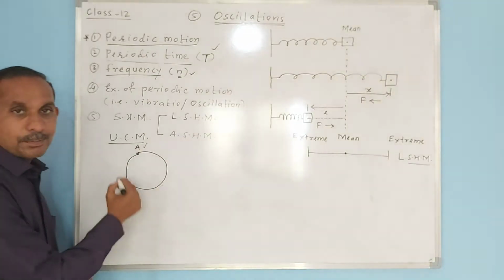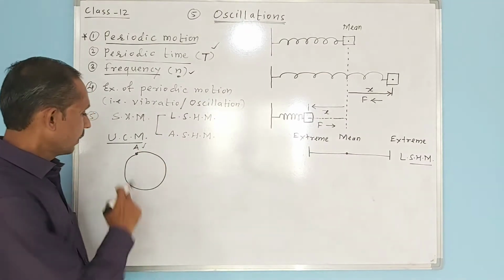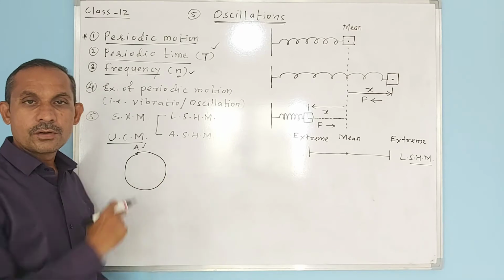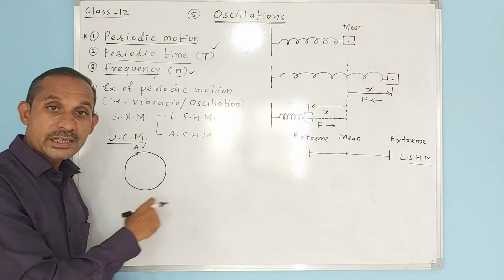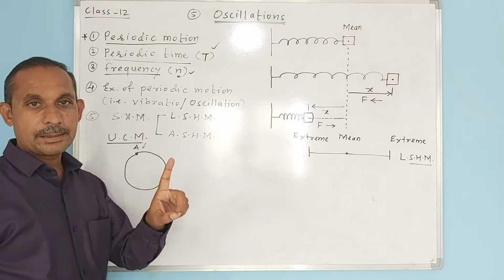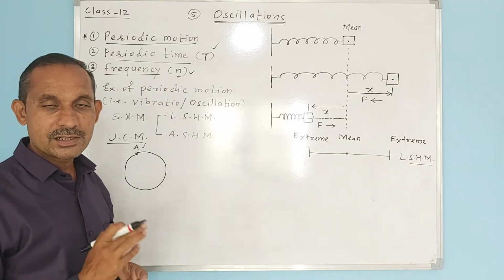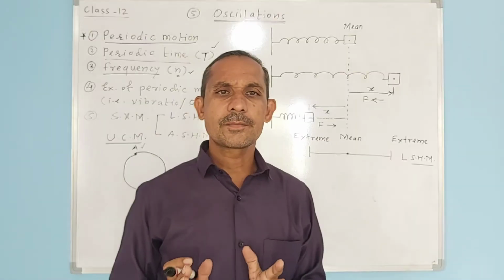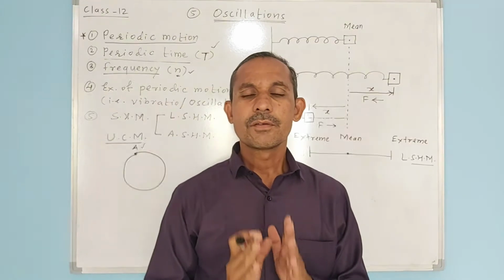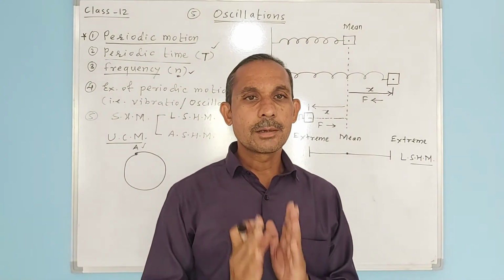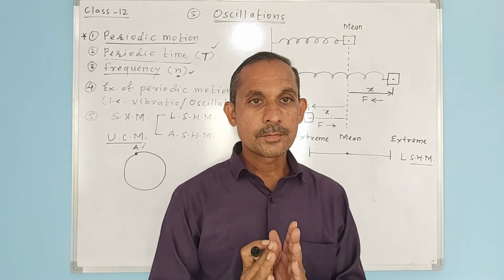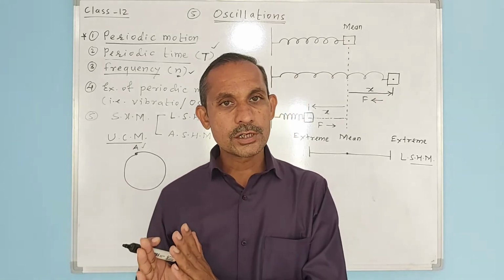Suppose the body is performing 5 sets of motions in unit time, then we can say the frequency is 5. So what is the general meaning or definition of frequency? Frequency is the number of motions in periodic motion.